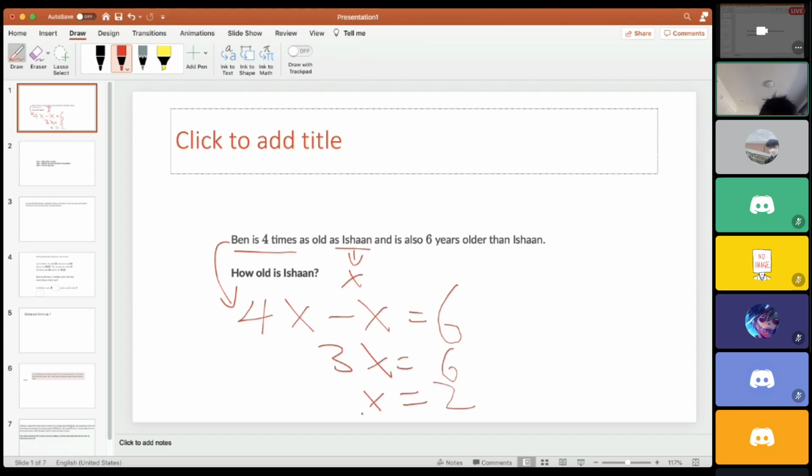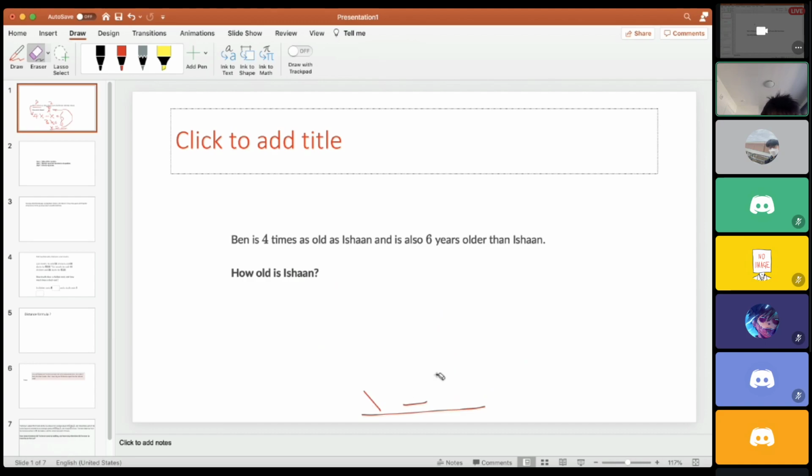When you have x equals to 2, you plug back into the thing, and you have this guy equals to 2 and this guy is 8. So that is a very basic word equation dealing with ages. I think everyone knows how to do it. So then next we're going to talk about how to solve a word problem in general.